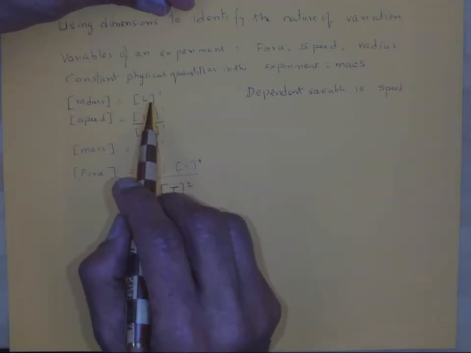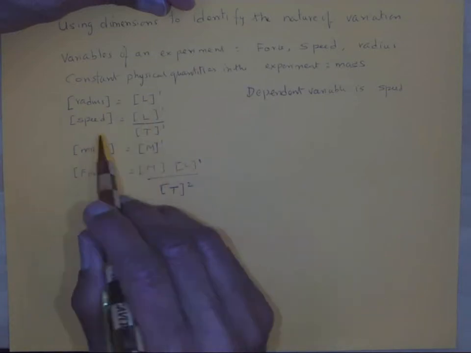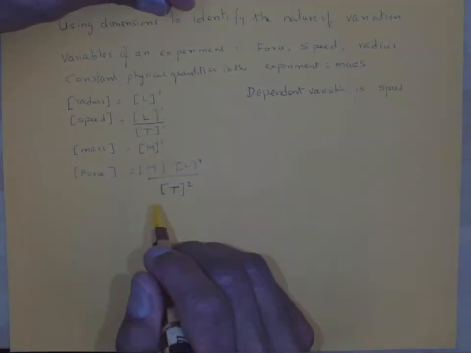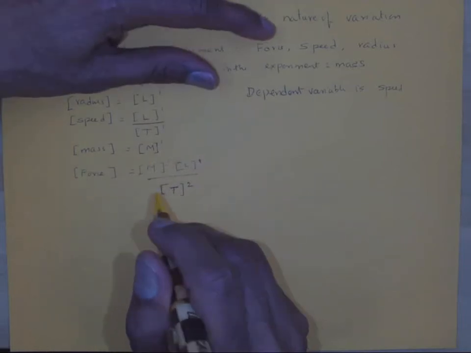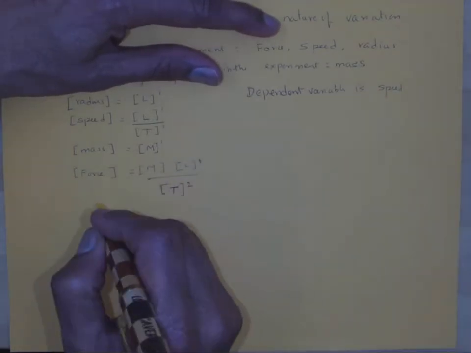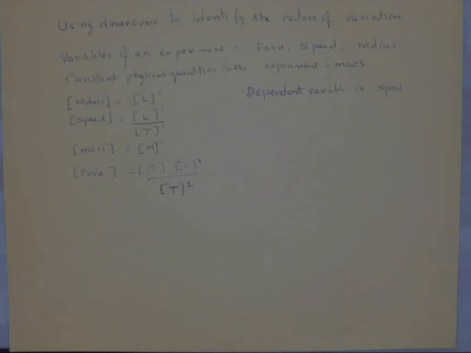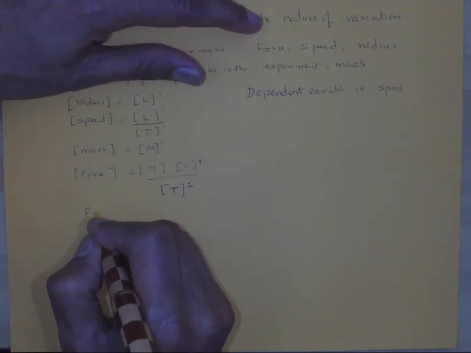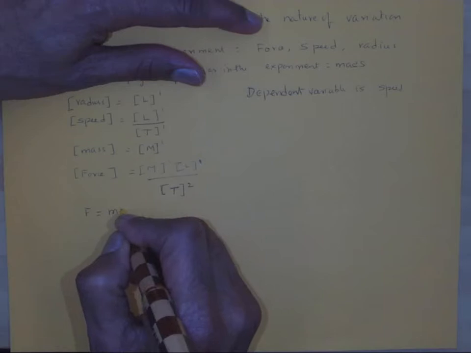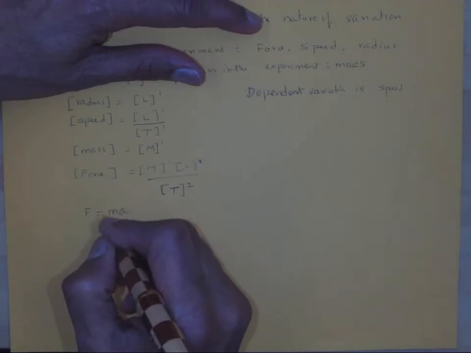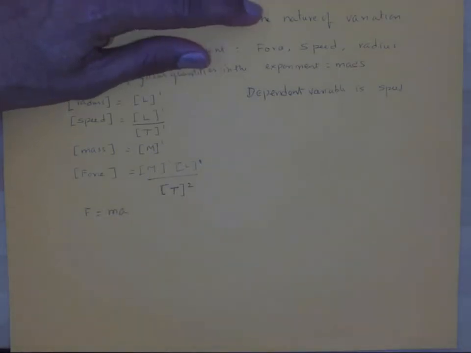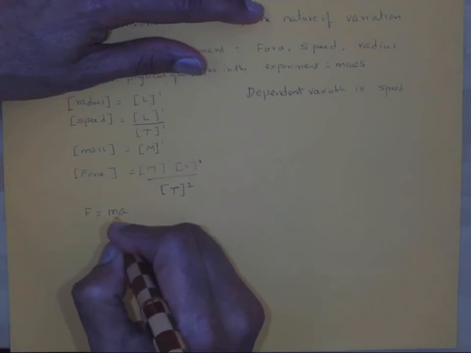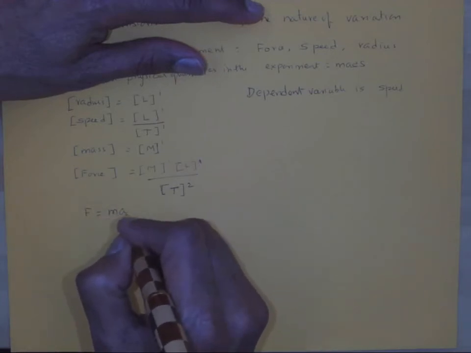Radius, we know the dimension to be L raised to 1. Speed, L raised to 1 over T raised to 1. Mass, M raised to 1. Force, how do I write the dimensions? We always return to our equations in order to decide that. We know that F is equal to mass times acceleration, or even if it is K times mass times acceleration, it doesn't matter. So force must have the dimension of mass times acceleration.